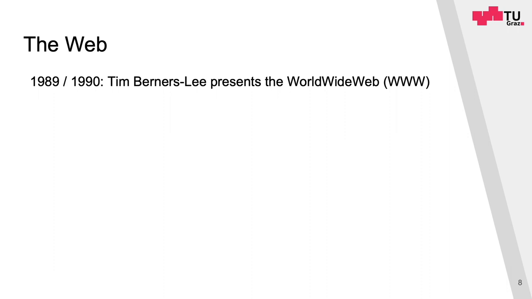So let's move on to the actual web, so the World Wide Web. In the years 1989 and 1990, Tim Berners-Lee presented the World Wide Web, which is nowadays known as the www.